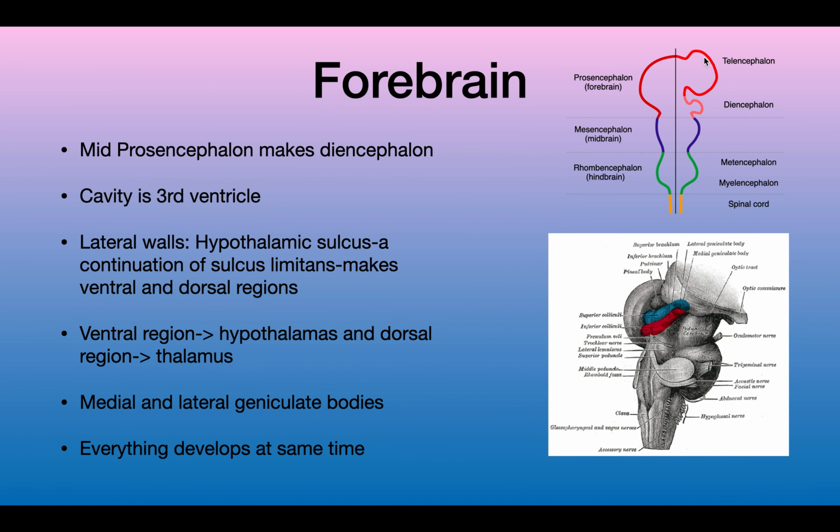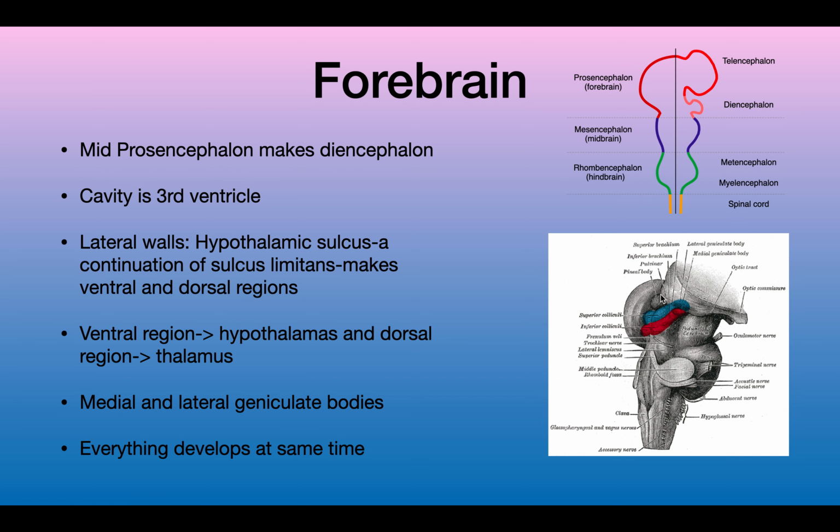Forebrain is going to be made out of the prosencephalon, and that makes the diencephalon. And the cavity is going to be the third ventricle. The lateral walls are the hypothalamic sulcus, which is the continuation of the sulcus limitans, and that will make the ventral and dorsal regions.